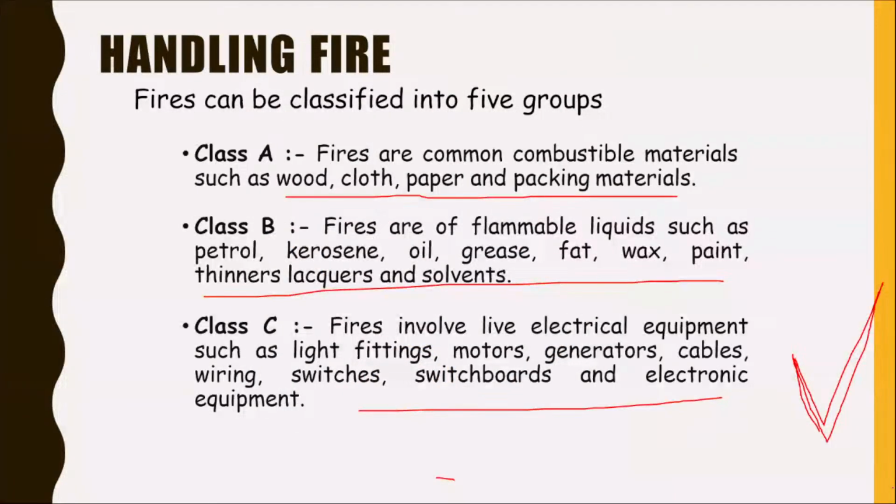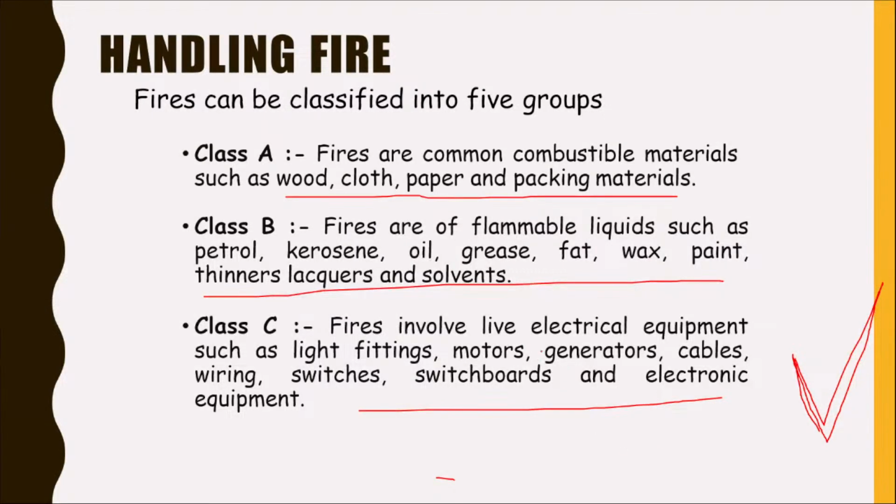Then handling fire. There are different classes of fire: class A, class B, class C, class D, and class K. So there are five groups. The category is based on the materials which cause the fire.